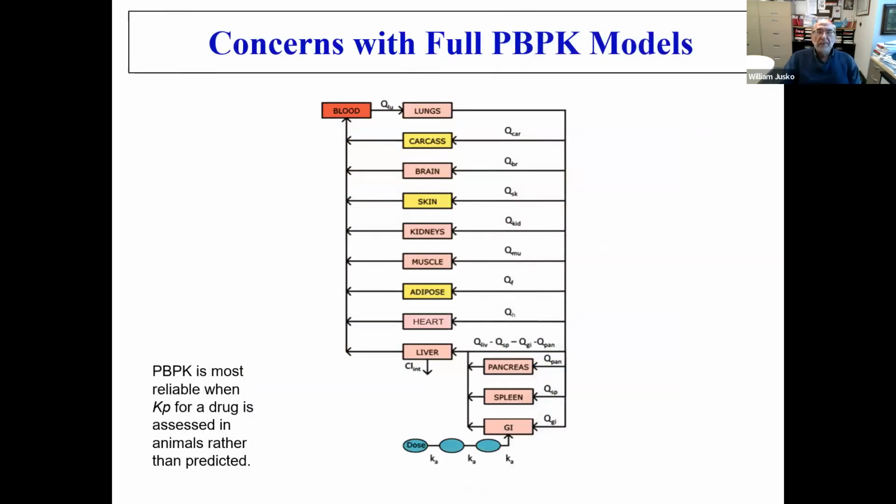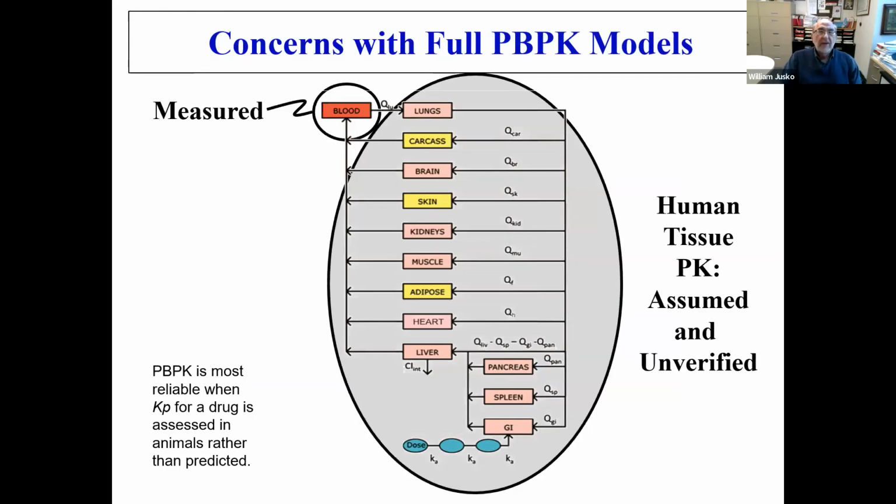So while full PBPK models are fantastic, when the data support them, there are some concerns. Essentially what goes on is we measure blood or plasma concentrations, but the human predictive models have this gray oval.